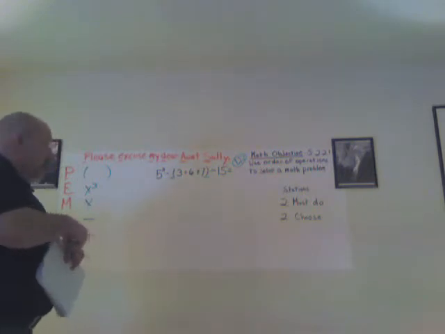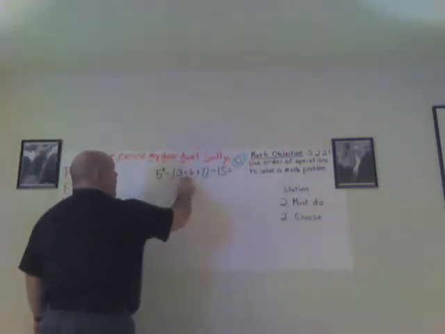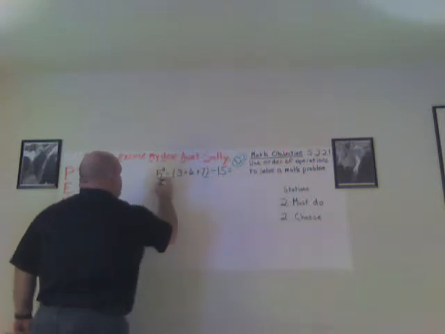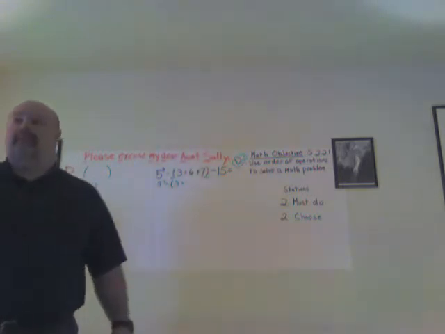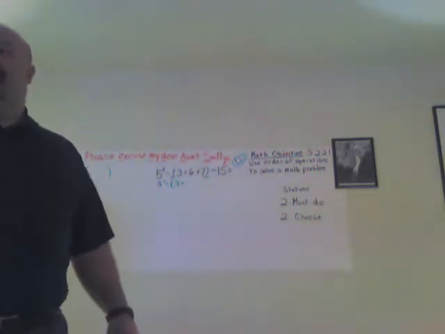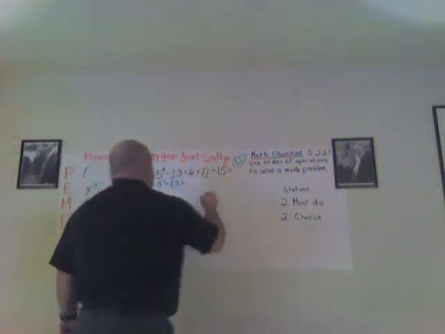Multiplication. Good answer. So our first step is we're going to multiply 6 times 7. So we'll bring this down, 5 to the 3rd power minus 3 plus, now what's 6 times 7? 42. Do we all agree on 42?